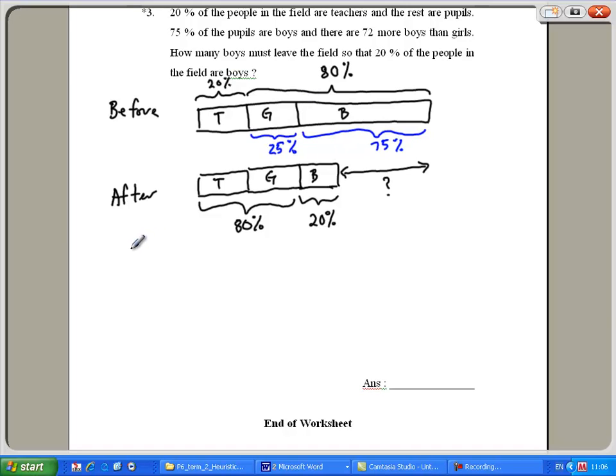There are 50% more boys than girls. Right, 75% subtract 25% is 50%. And we are told that there are 72 more boys than girls.